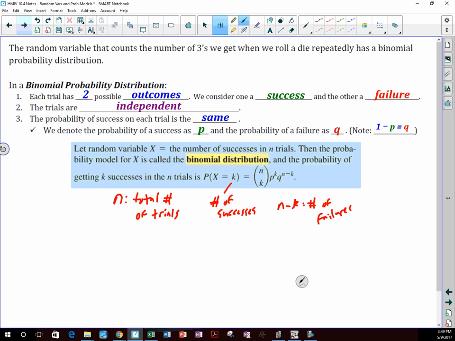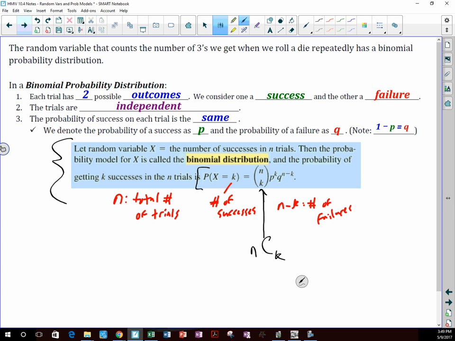So here we have the formula for finding the probability of a binomial distribution, binomial probability. The probability of x equaling a certain number of successes, k, would be n choose k, which remember we said that this notation here means the same thing as n choose k.